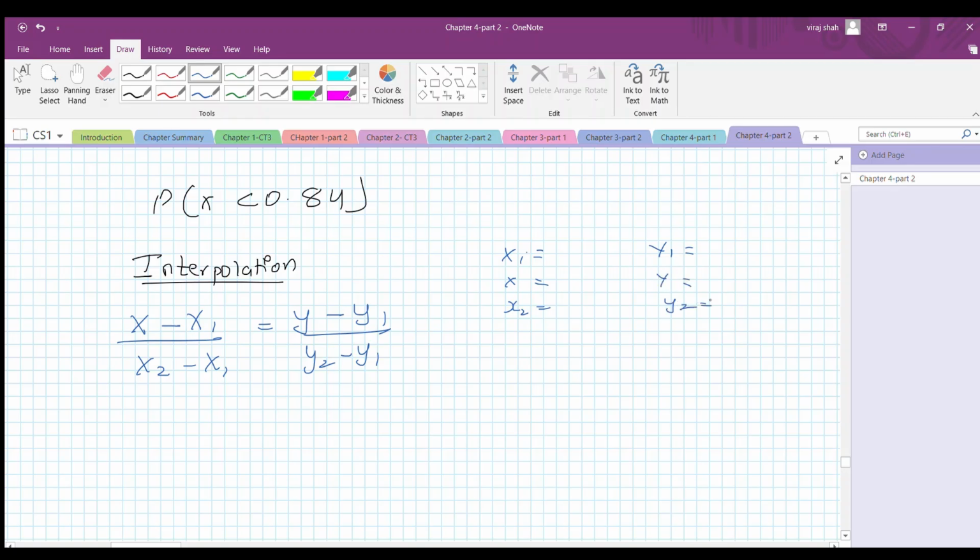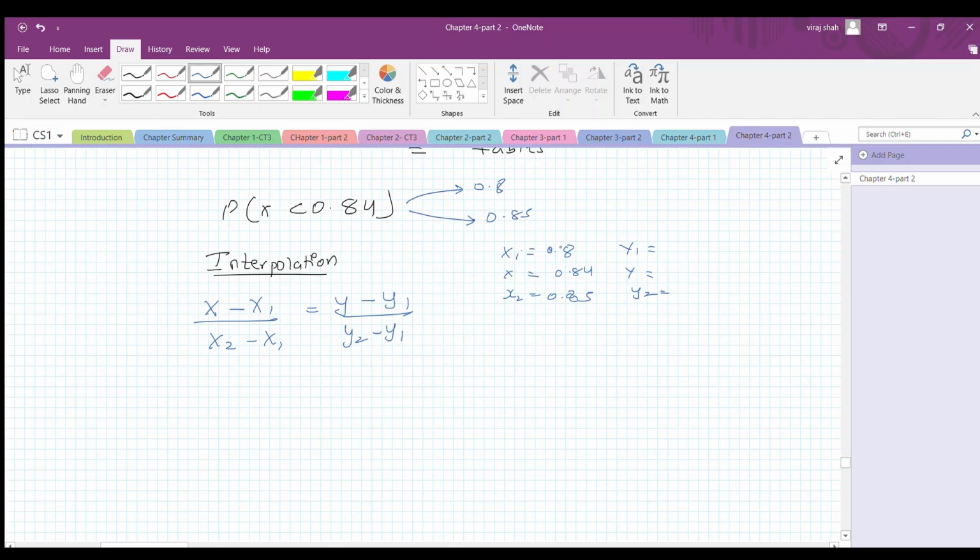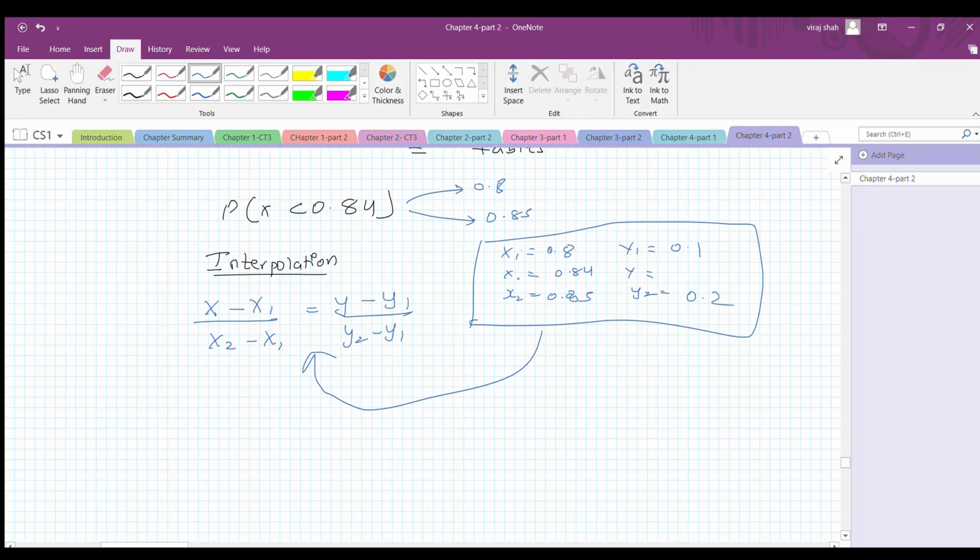So for 0.84, I have been given the probability of 0.8 and 0.85, right? I'll write it here. What do I want? I want 0.84. So there would be some probability for 0.8. If that probability is 0.1, suppose, and this is 0.2, I can substitute all these values in this equation and find the value of y.